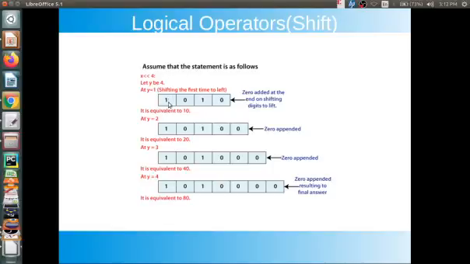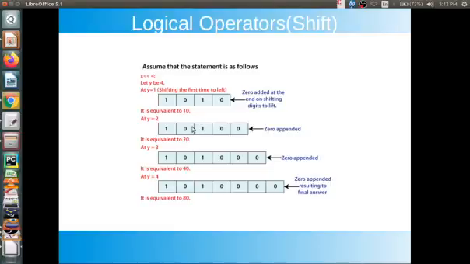Suppose the value is 1010. Whenever I shift to the left, 0 will be appended at the end. So in the next step, at y equal to 2, we can see 0 has been appended. What will the new value be? The new value will be 20.